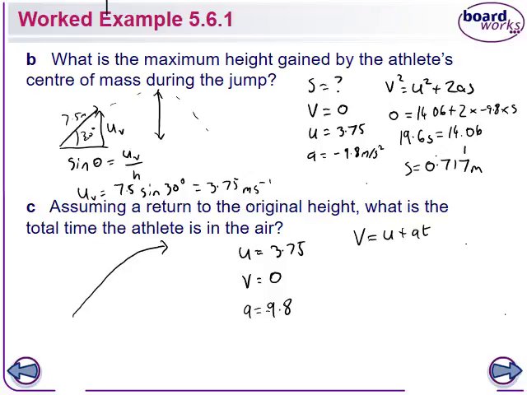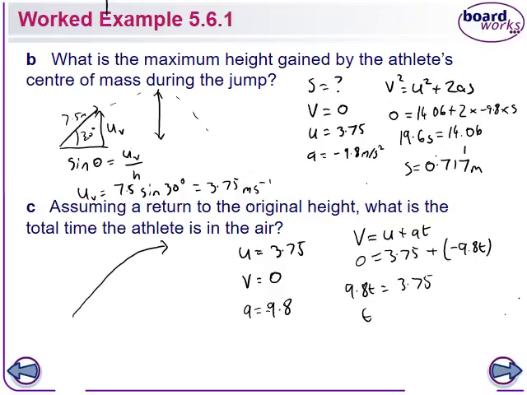We know V is 0. U is 3.75 plus negative 9.8 T. Rearrange. 9.8 T is equal to 3.75.